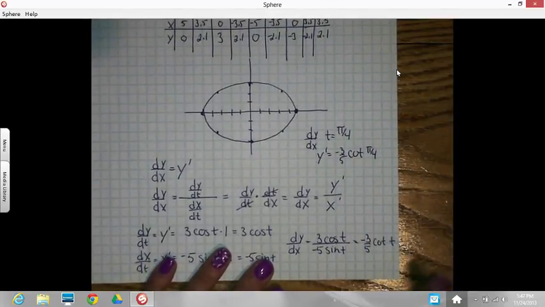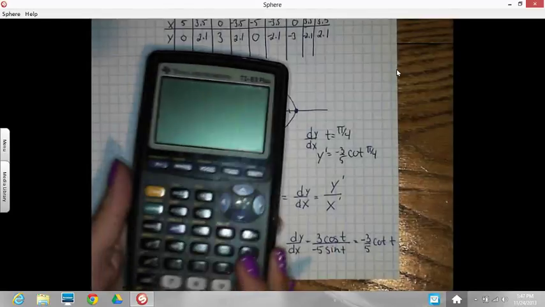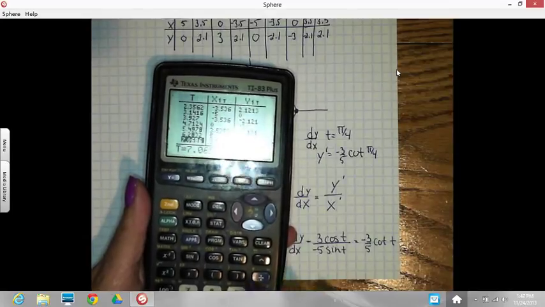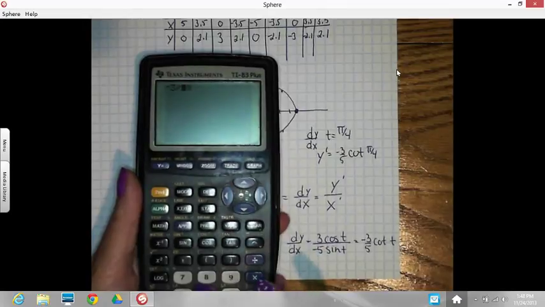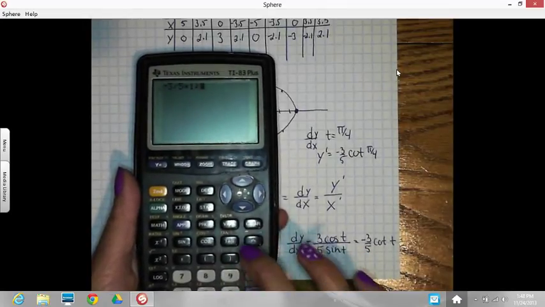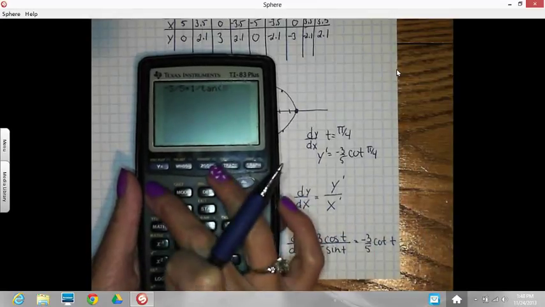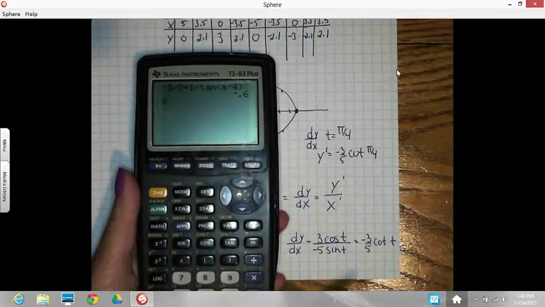Or I could plug it back into this one too. So to get that value, calculator work, negative 3/5 times cotangent is 1 divided by the tangent, and then pi over 4. Negative 0.6.